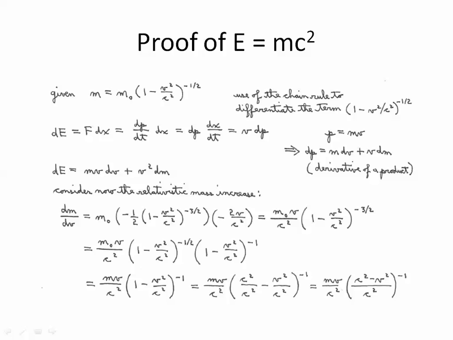Regrouping the differentials gives us the differential for momentum times the velocity. Since momentum equals mass times velocity, we can use the rule for differentiating the product of two functions to say the differential for momentum equals the mass times the differential for velocity plus the velocity times the differential for mass.